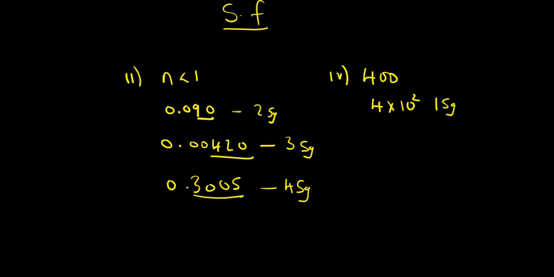Again, you can write this as 4.0 times 10 to the power 2, which will have 2 significant figures. That's how you give answers to avoid the ambiguity. So 4.00 times 10 to the power 2 will have 3 significant figures. So that's how you express this.